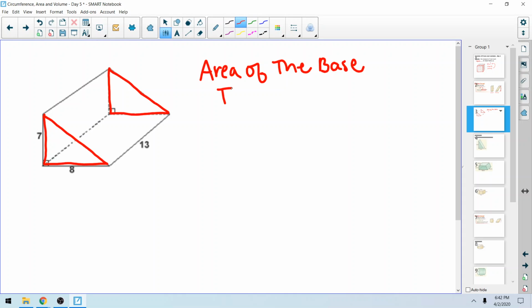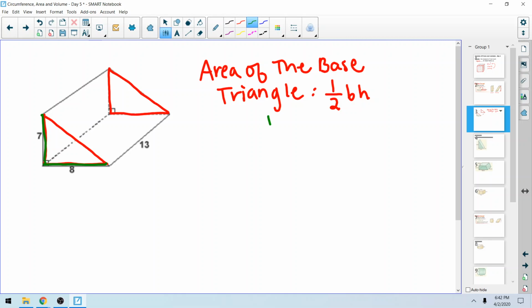So the base here is a triangle, and we have to find the area of that triangle. Well, the area of a triangle, and again, if you have a formula sheet or you're on a computer, Google how to find the area of a triangle, is 1/2 base times height. And notice now we're dealing with a lowercase b. So if I'm dealing with my triangle, this is my base, this is my height.